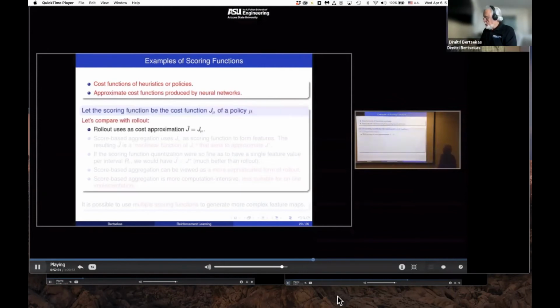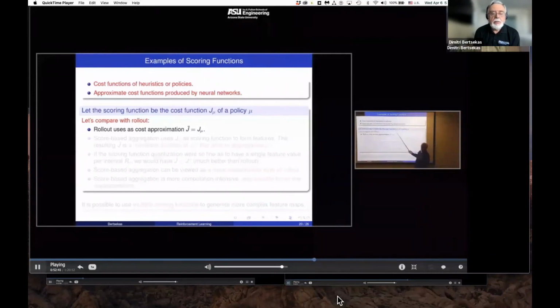Now let's draw a connection with rollout. In rollout, what we do is we have a policy and we evaluate its cost. Now suppose we take a scoring function, the cost of a policy. Then rollout uses as cost approximation this J mu and aspires to do better than this J mu.